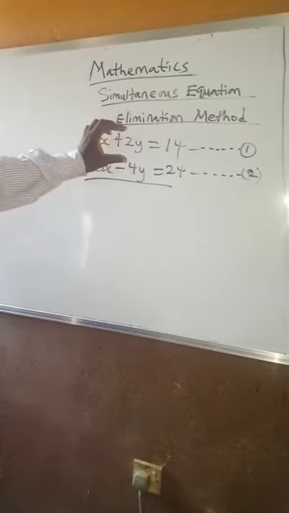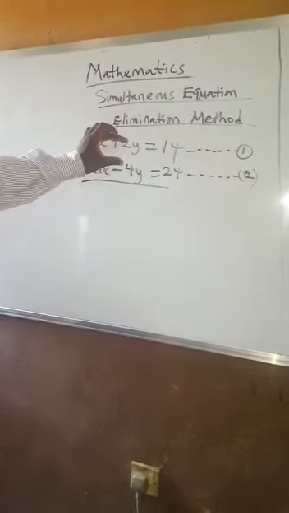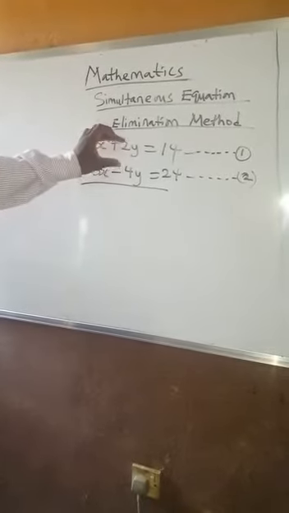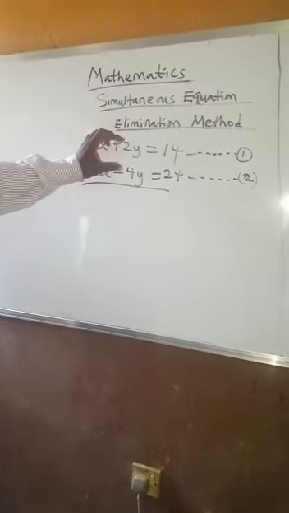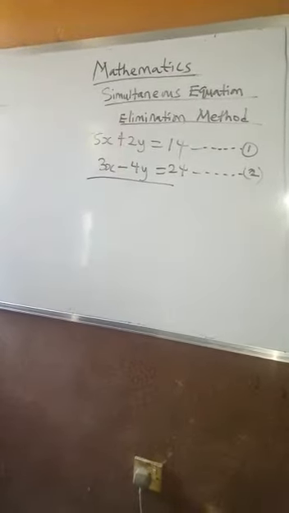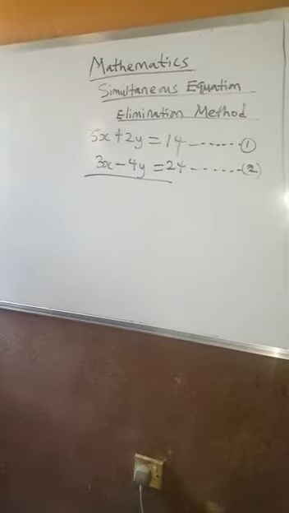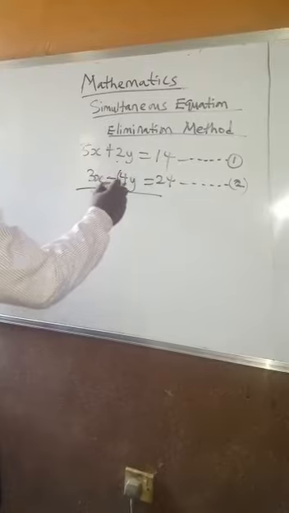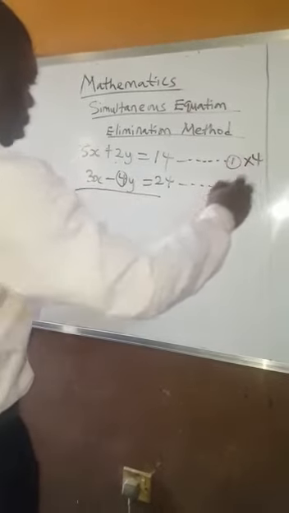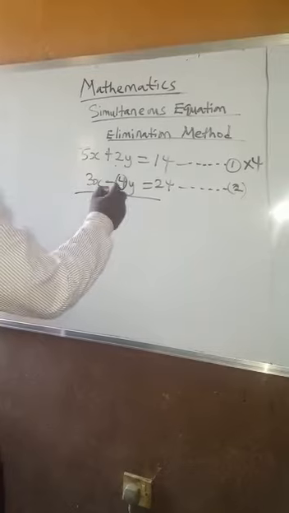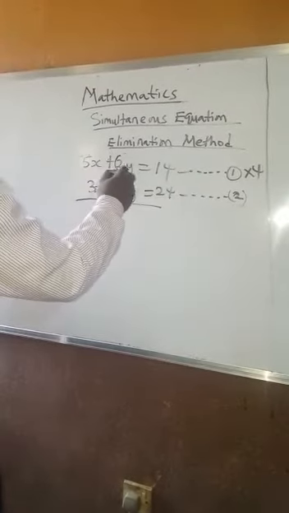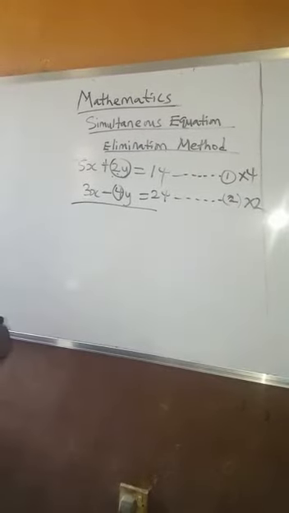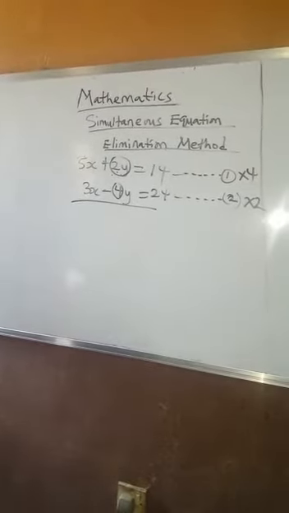The coefficient of y in equation 1 and 2 has to be the same before it can be eliminated. So what am I going to do? I'm going to multiply equation 1 by 4, then multiply equation 2 by 2. In doing this, let's see what we get.